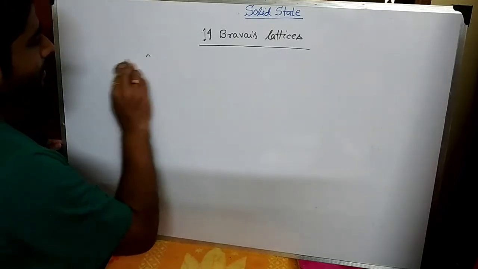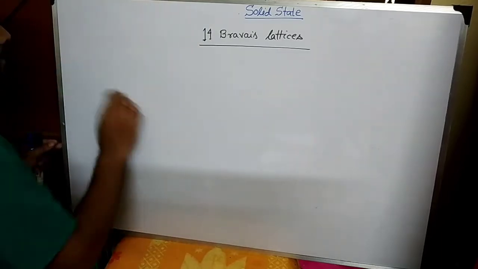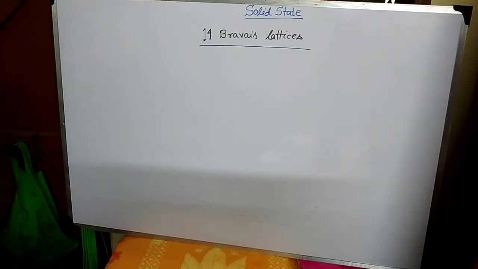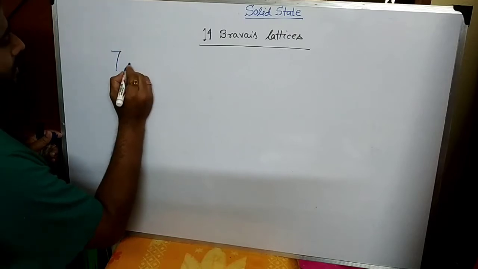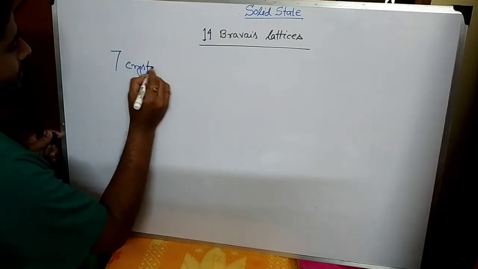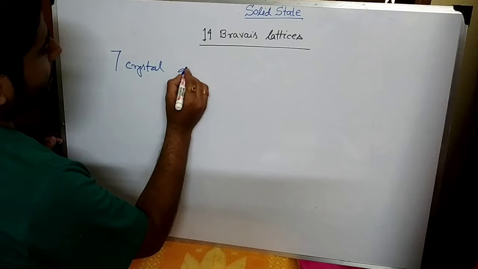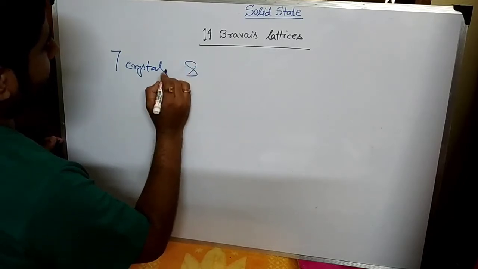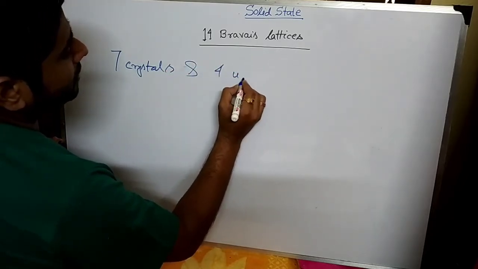So here we have 7 crystal systems and 4 unit cells.